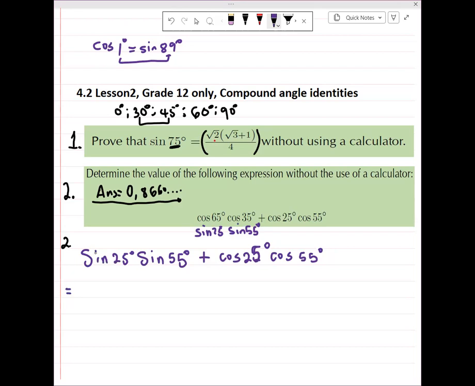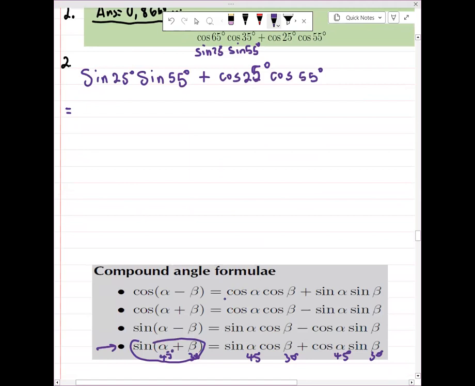Remember, if I see sine, cos, I know that it has to be which identity? Okay, let me bring this up so that you can see. Okay, I think it's fine here. It's either going to be this one or that one, right? I just need to rearrange and bring the cos to the left side because it's always starting with the cos. Do you see? So this part must be the first.